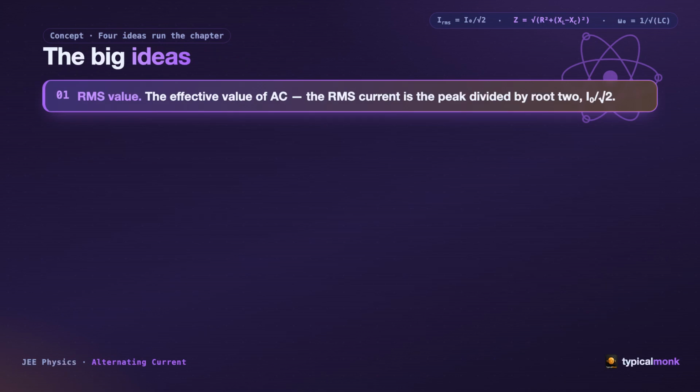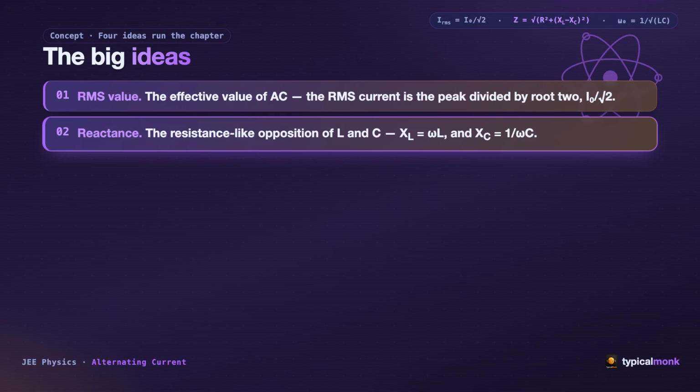Four ideas run this entire chapter. Look at them together first. The RMS value, the effective value of alternating current. The RMS current is the peak divided by root 2, I0 over root 2.